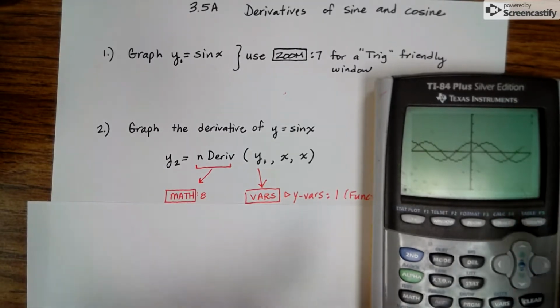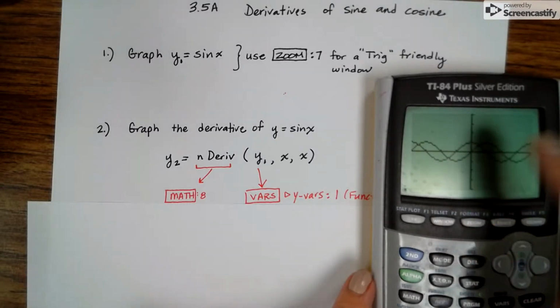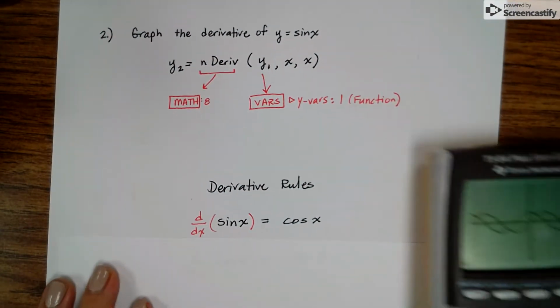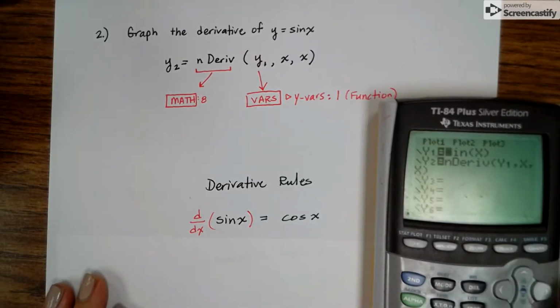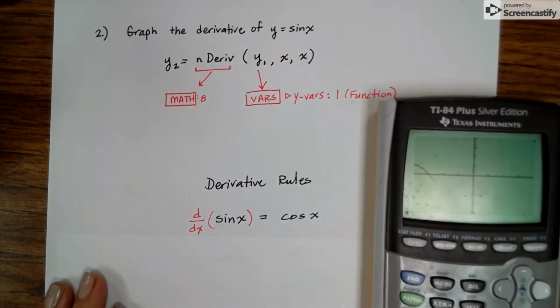If you recall from doing families of functions, this new graph that you see here is actually the cosine of x. So the derivative of sine is the cosine of x. Now let me do this with cosine instead, and graph the derivative of cosine.